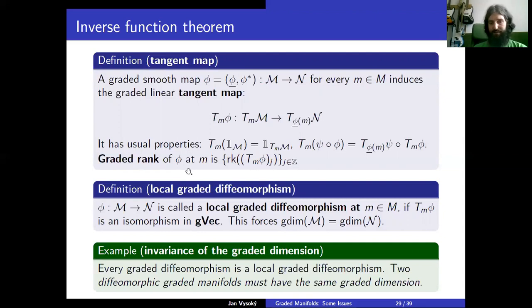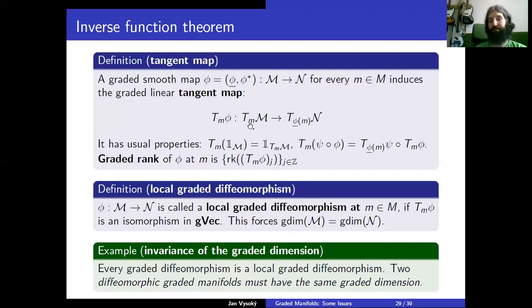And if I have a tangent map, I can say what is a local graded diffeomorphism. So some graded smooth map is a local graded diffeomorphism at some point if the tangent map is an isomorphism in the category of graded vector spaces. And in particular, and this is quite important, a local graded diffeomorphism between two graded manifolds can exist only if they have the same graded dimension.